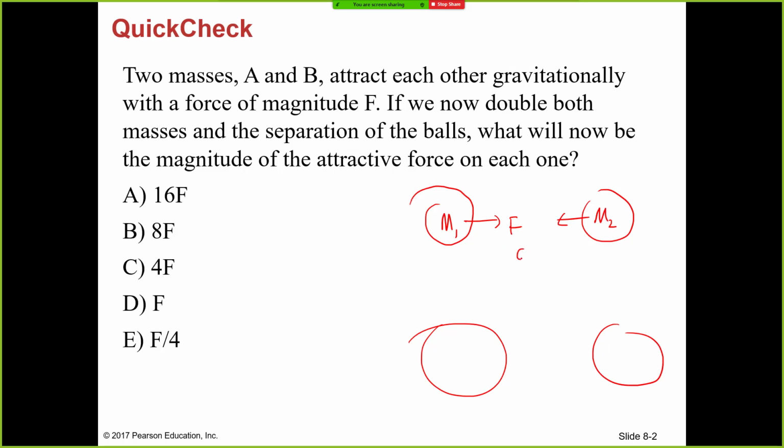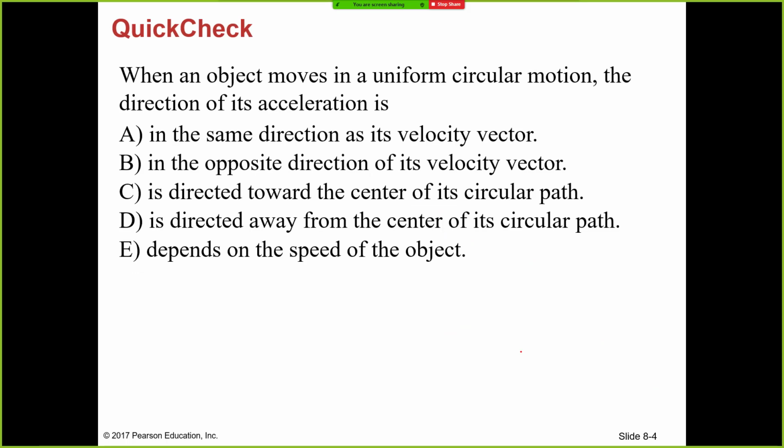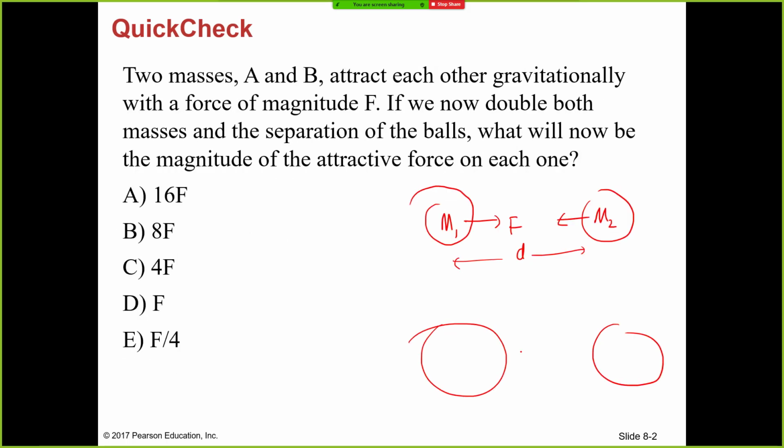Okay, so here we have distance d, and we double the separation. So how will that change the force? So we are doubling both the masses and also doubling the distance.